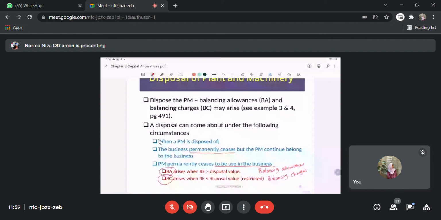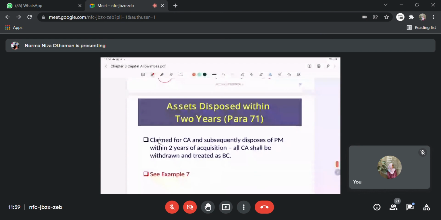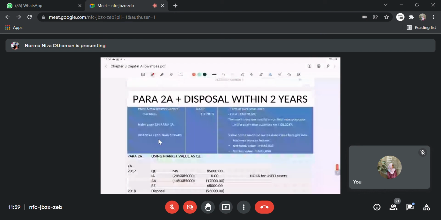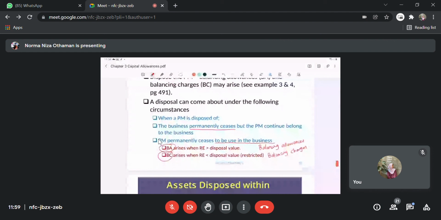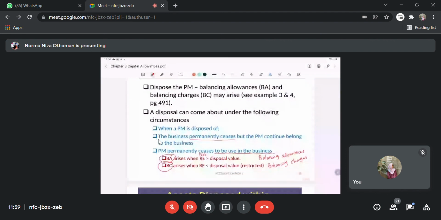Berapa you jual. Contoh kat sini, for example, the residual expenditure is 50,000, tapi bila kita dispose, kita cuma dispose at 40,000. Kita jual pada nilai 40,000, bermaksud lebih rendah daripada RE. So kalau dalam kategori macam ni, you akan dapat balancing allowance. So balancing allowance ni rugi. Losses on disposal.